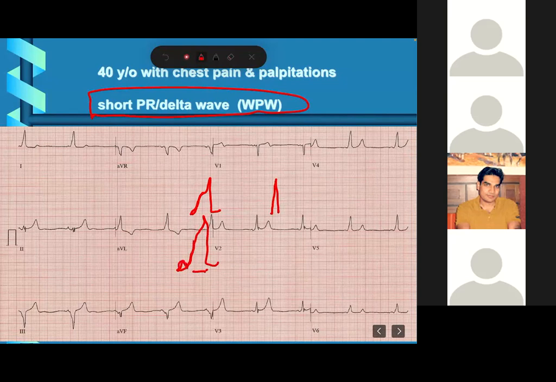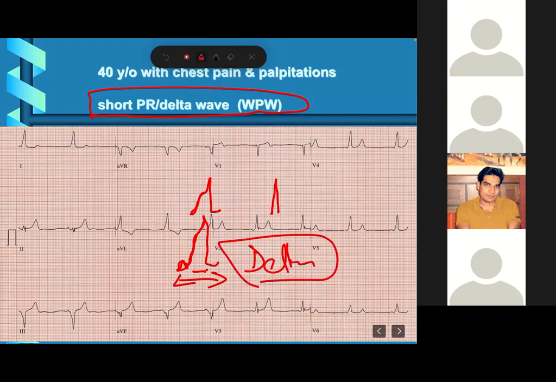P wave is there and R wave is there. This is the delta wave, and it comes in WPW, Wolff-Parkinson-White syndrome. This is a finding of that. So a short PR interval is mostly seen in delta wave and WPW syndrome, or it can be in other ECGs.